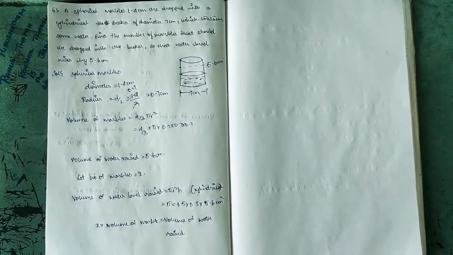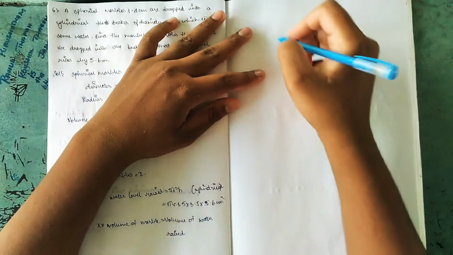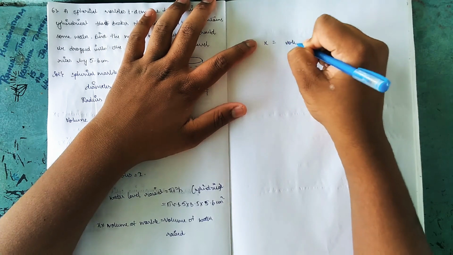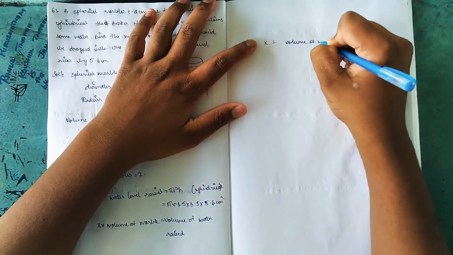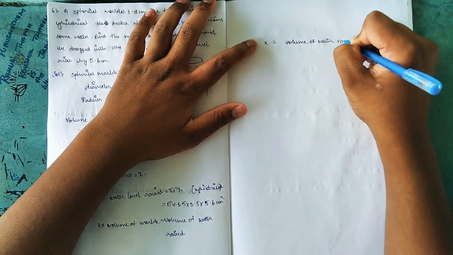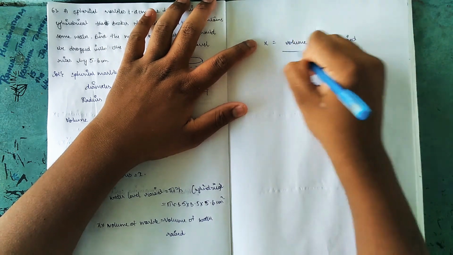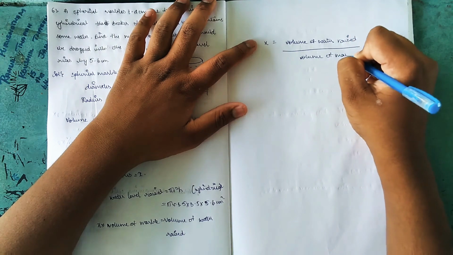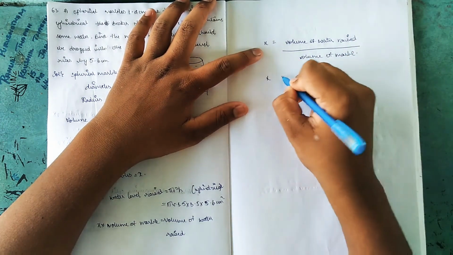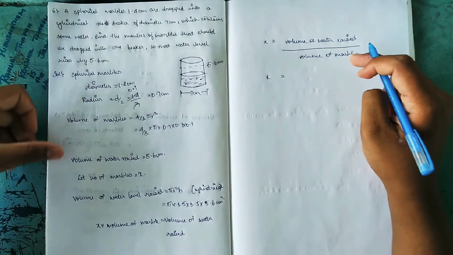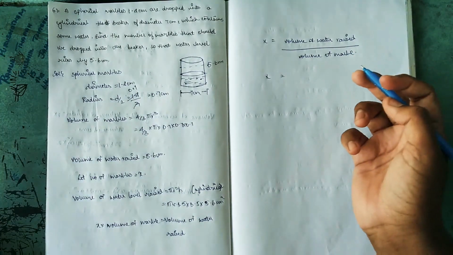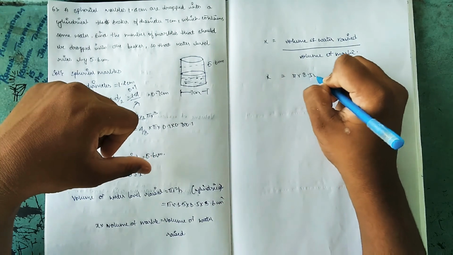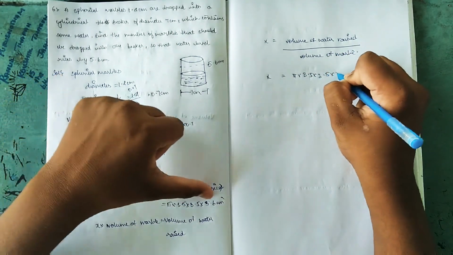So now we will find the number of marbles. x is the number of marbles, so x is equal to volume of water raised divided by volume of a marble. The volume of water raised we have discussed: pi into 3.5 into 3.5 into 5.6.